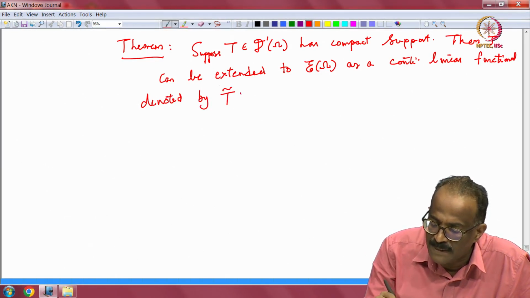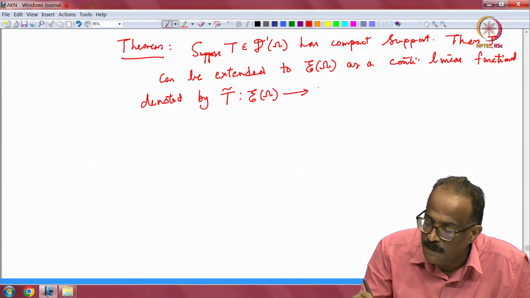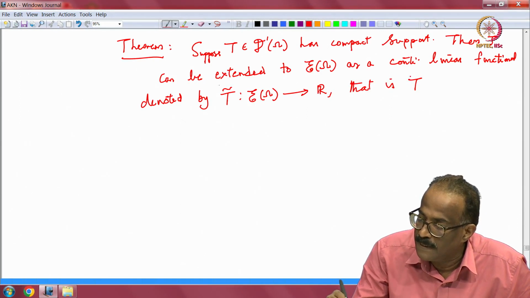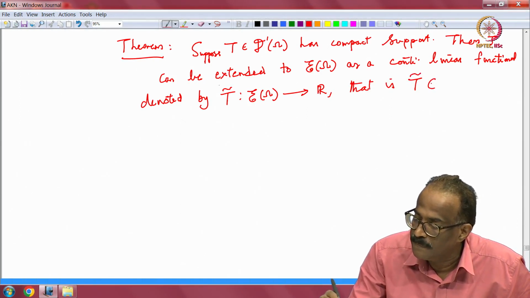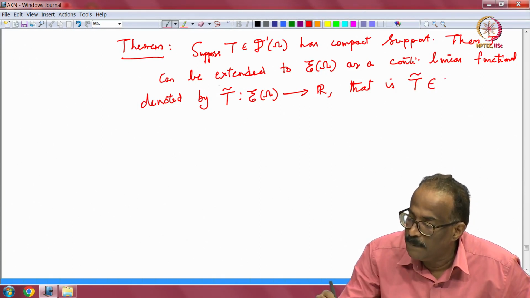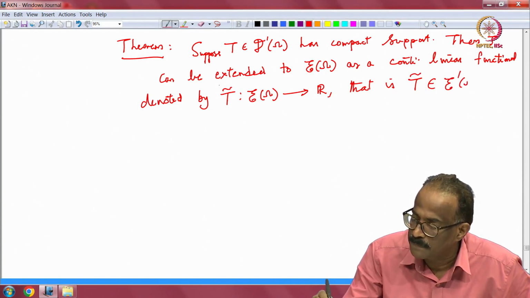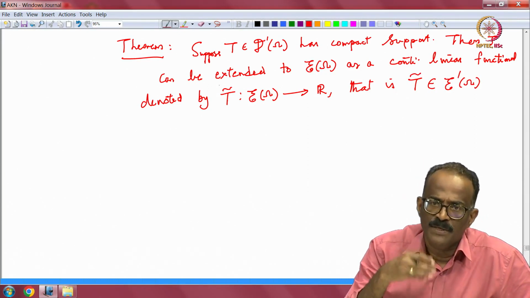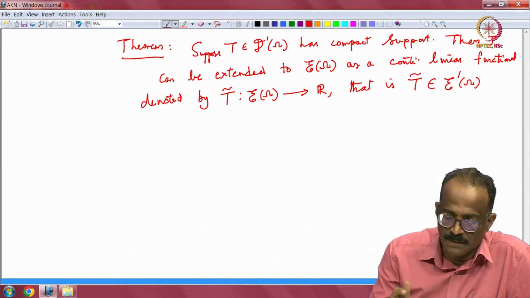So T tilde is a mapping from E omega which is continuous, that is, T tilde is in E prime of omega. As I said, later we will not use T tilde, we will use the same T as an extension.